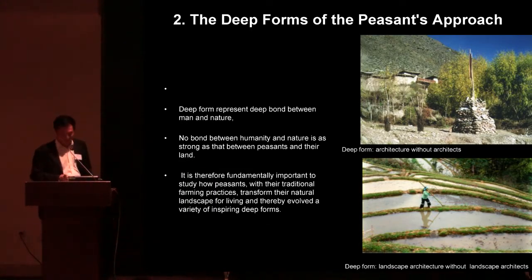The reason, as I mentioned, is that deep form represents a deep bond between man and nature. And no bond between humanity and nature is as strong as that between peasants and their land. It is therefore fundamentally important to study how peasants, with their traditional farming practices, transform their natural landscape for living, and thereby evolve a variety of inspiring deep forms.